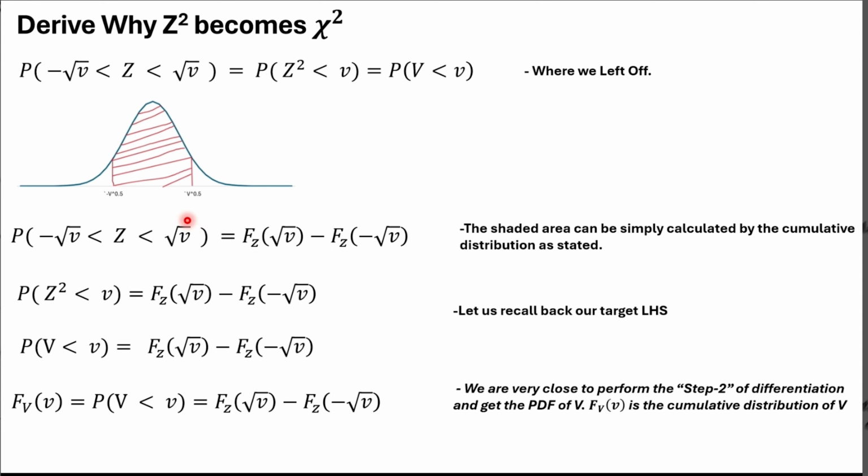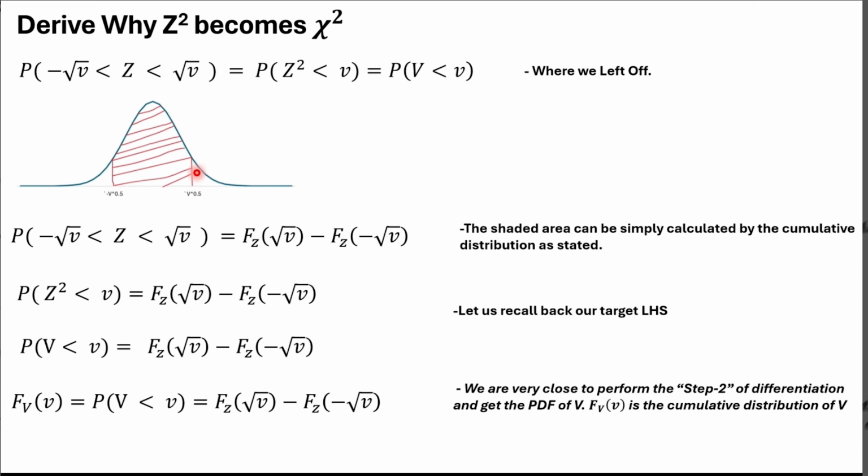Now, if you look at the symmetry of this graph, we can further simplify this in terms of the cumulative distribution of the Z normal random variable. Note this subscript here, Z. The capital F basically means this is the cumulative distribution of Z, nothing else.